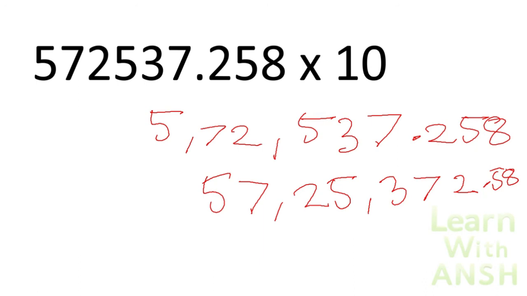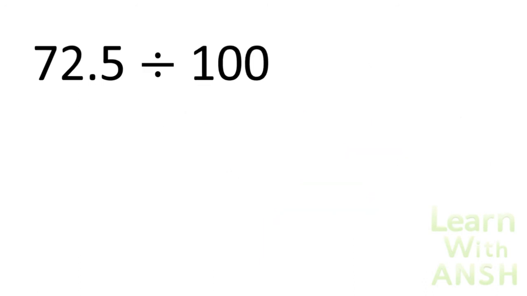Okay, moving on to the next question. This is our last question that we are going to discuss today, and it's of division. Our mnemonic tells us that when we are doing division, we shift the decimal point to the left, because Mr. Deepak Lal, division left.